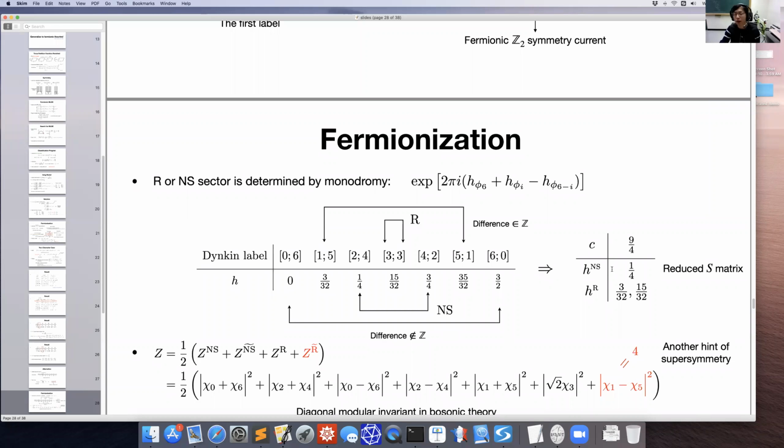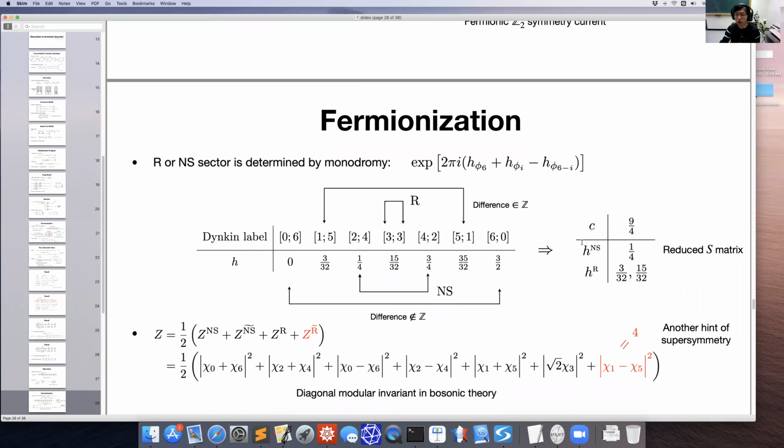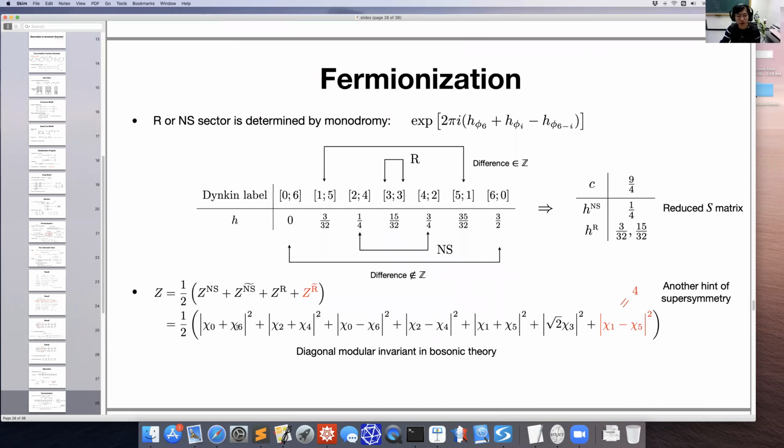And you find out that this is the NS sector. You find that chi0 plus chi6, chi2 plus chi4, they are precisely the two solutions to the fermionic MLDE. So from this point of view, we have an elegant understanding of the solution that we found.